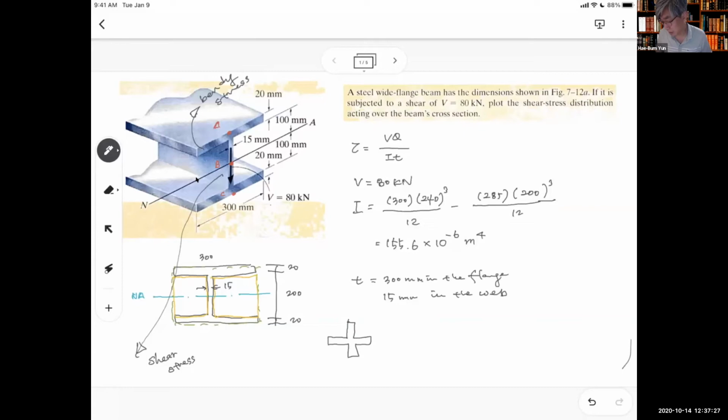And this is the opposite way to design to the I-beam. That's why you don't see this kind of cross section in construction sites. Okay. So far so good.